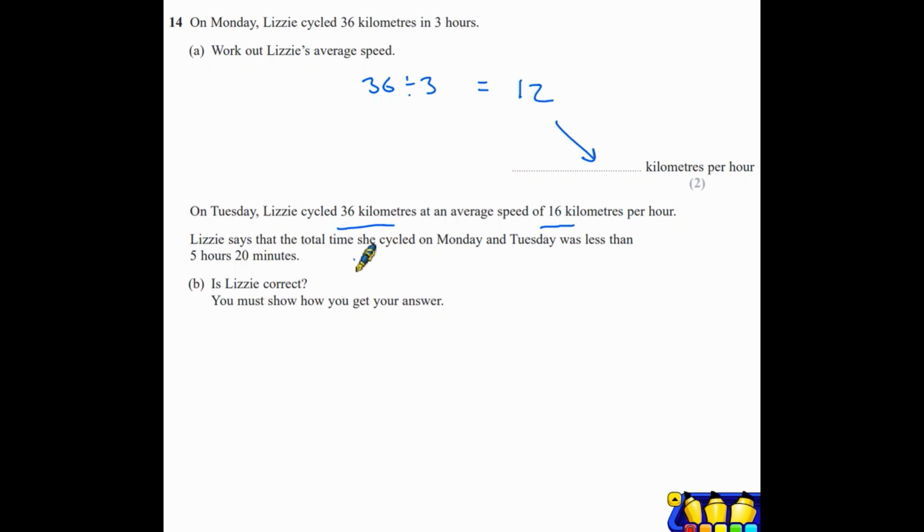Lizzie says the total time she cycled on Monday and Tuesday was less than 5 hours 20 minutes. We know that on Monday she did it in 3 hours. Lizzie believes she did the 2 days in less than 5 hours 20.